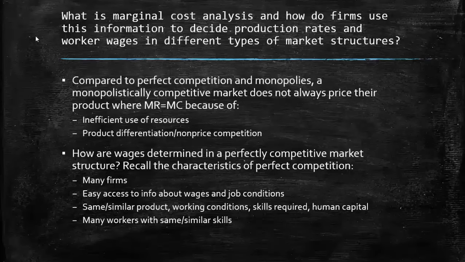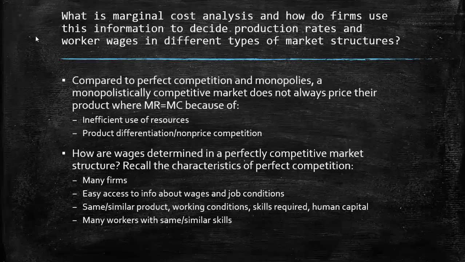Okay, so now we're going to look at how marginal cost works in the different market structures. In a perfectly competitive market, the marginal cost is the same for everything. Again, a tomato is a tomato is a tomato. It costs one tomato farmer the same to produce one tomato as it does another tomato farmer. When it comes to where the biggest difference is, it has to come in at monopolistically competitive markets, because monopolistically competitive markets do not always price their product appropriately.